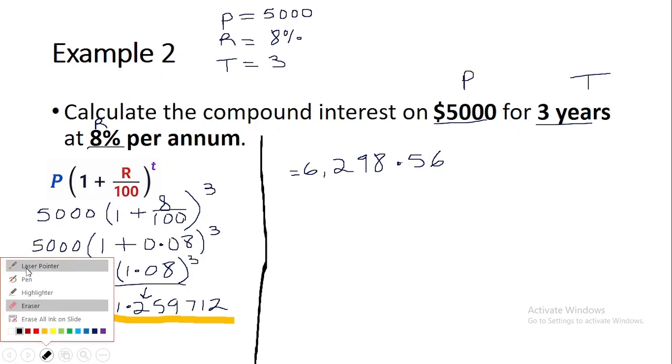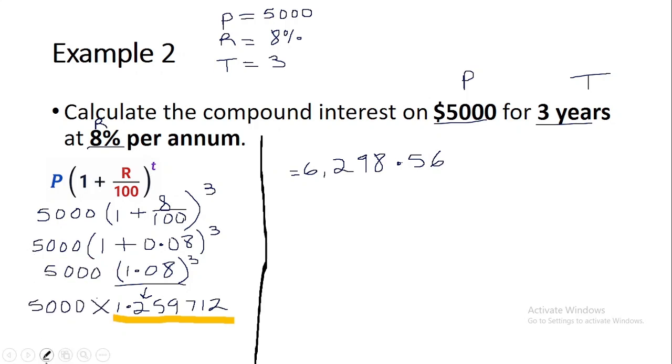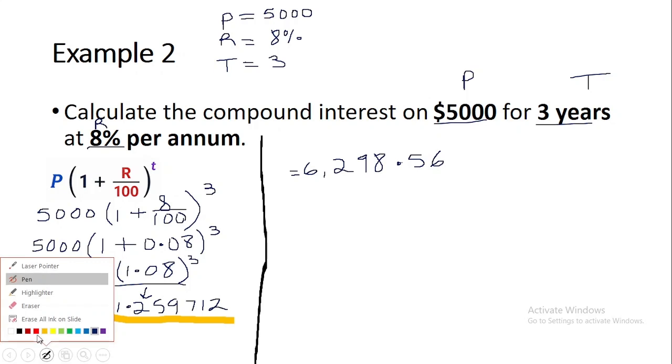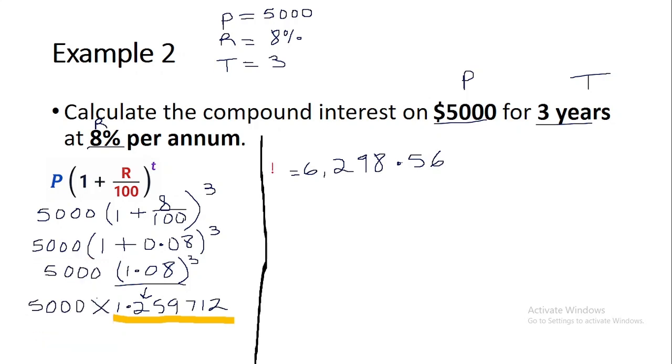Alright, so let's quickly finish it off. So after finding the total amount, we're going to find our compound interest. So we know that A is the total amount, and our total amount is going to be this figure right here. So CI stands for compound interest. That's going to be equal to A, the total amount, minus P, the principal.